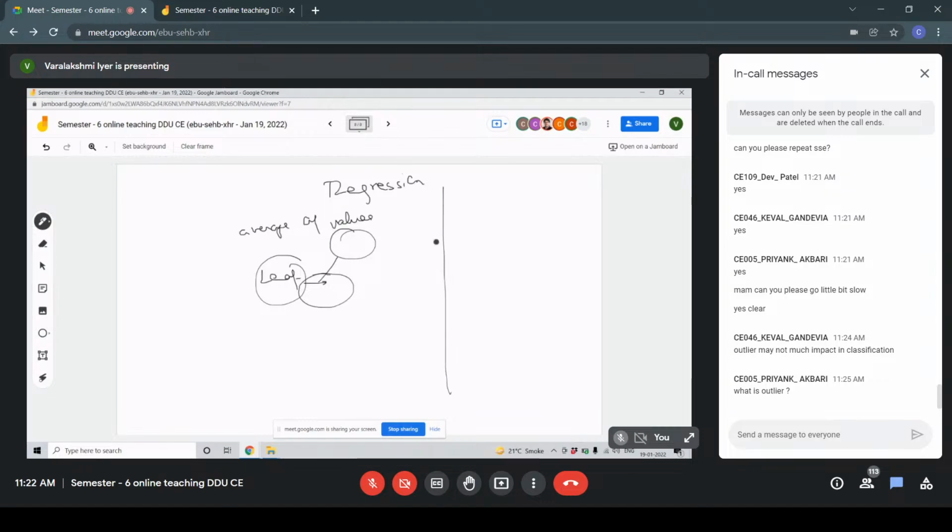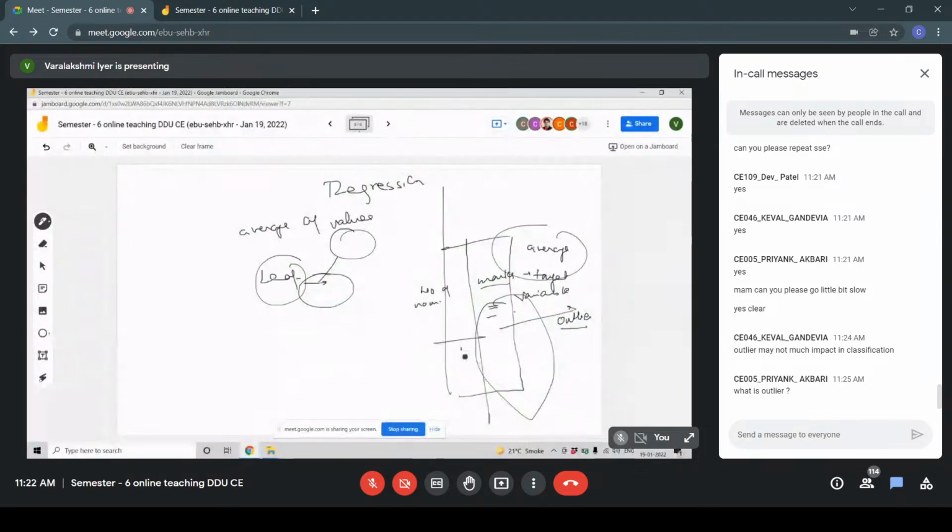So for example, if we have a data set like this, where we have number of hours as our feature and marks as our target variable, so based on the hours we are estimating the marks. If we have any outlier in this case, it will highly impact the average. Yes or no?